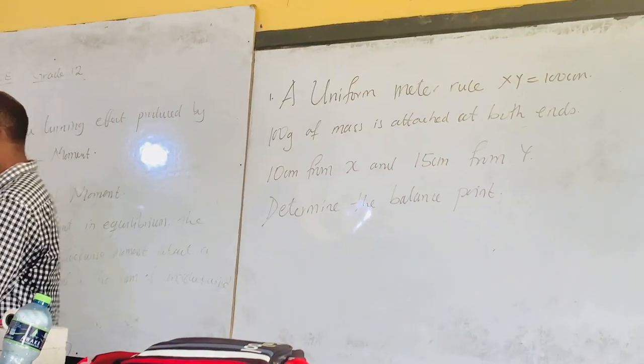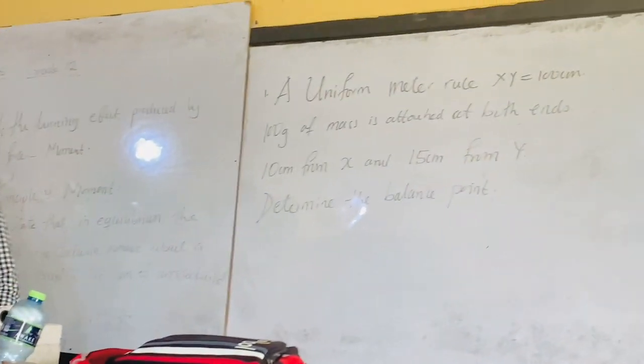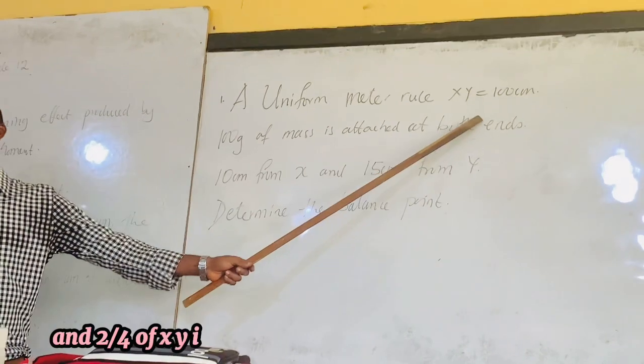Get in your groups and try the activity on the board. A uniform meter rule XY is 100 centimeters.